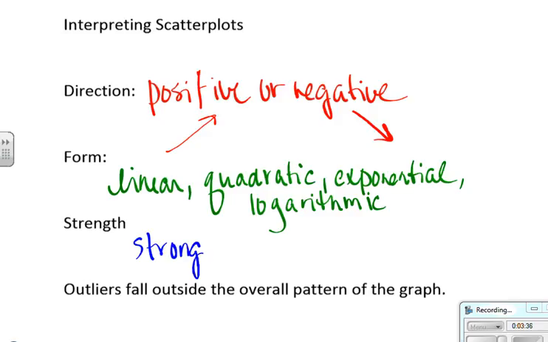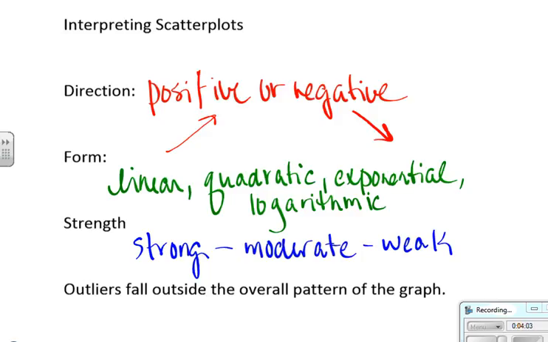Are they all bunched really tightly around that line or that parabola? Or is it moderate? I can tell right away that it's a line or it's a parabola, but there's some spread, some scatter to them. Or is it weak? Meaning that they kind of look like a blob.